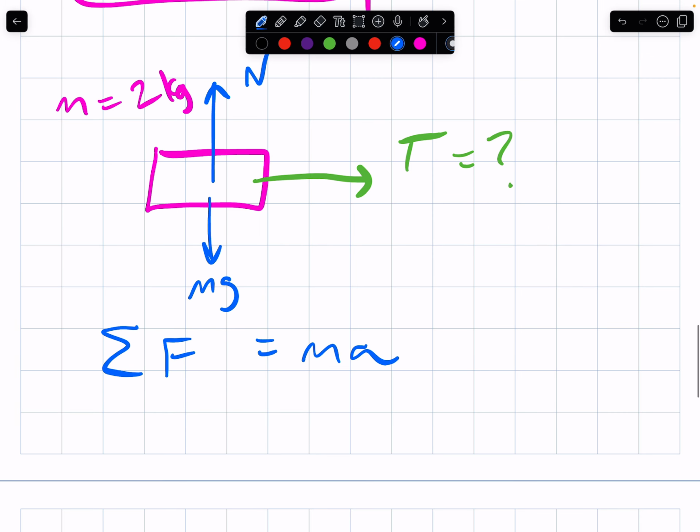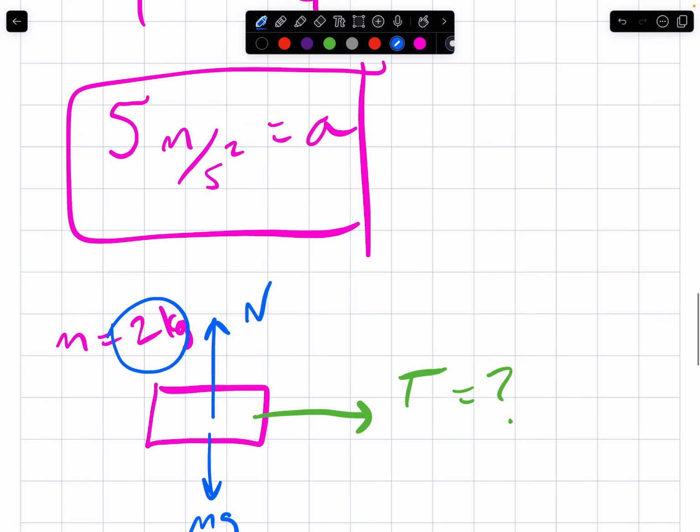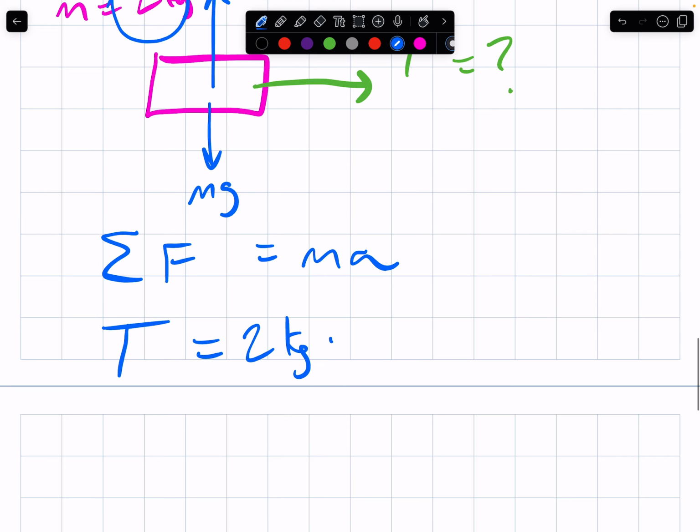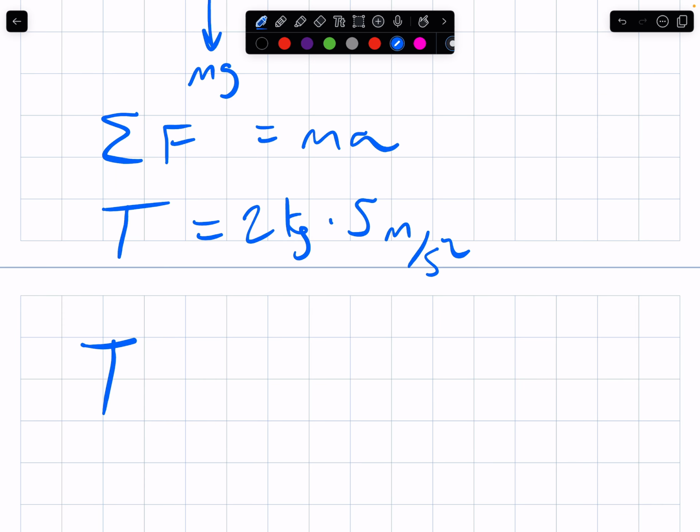In this situation, the net force is just T. So that's going to be equal to mass, 2 kilograms, and the acceleration we had was 5 meters per second squared. So the tension in the string is 2 times 5, which is 10.